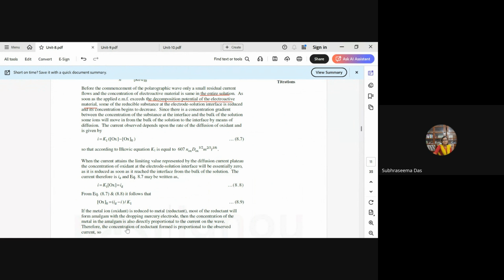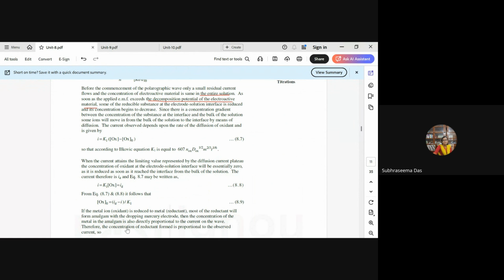Then the current observed depends upon the rate of diffusion of the oxidant, and it is given simply by I = K1 into the concentration of oxidant minus the concentration of oxidant at the interface, that is OX0.